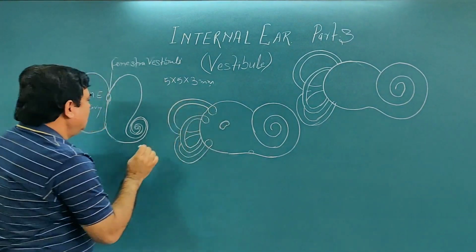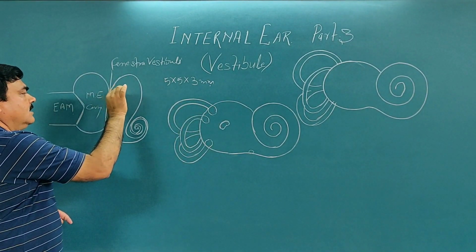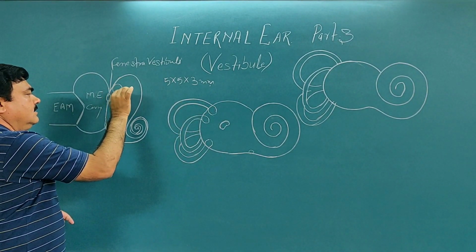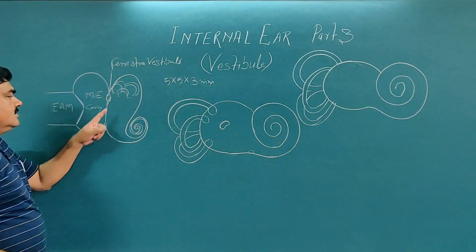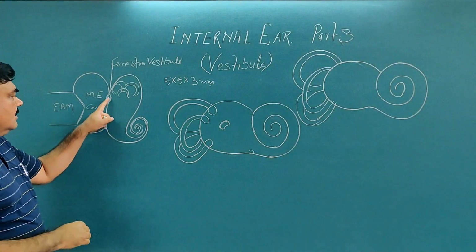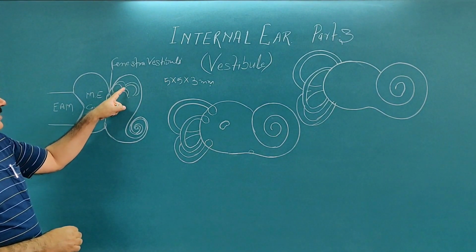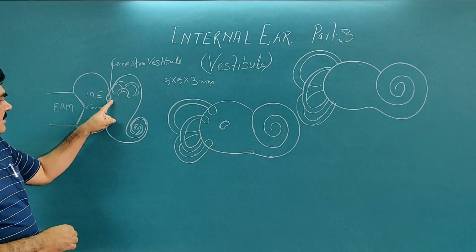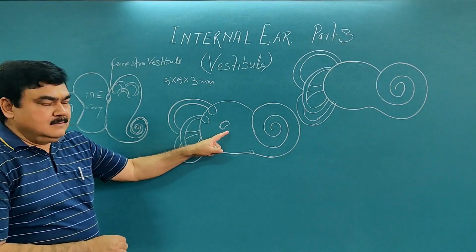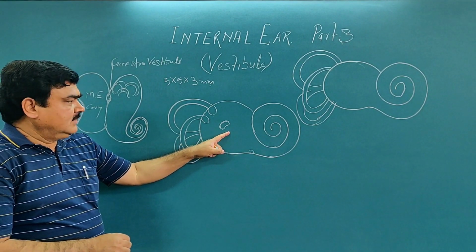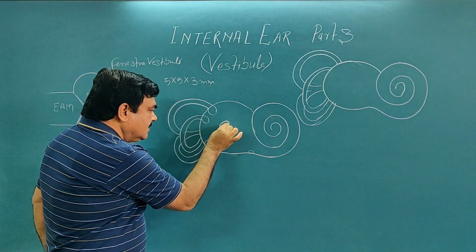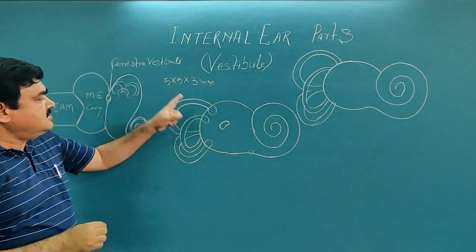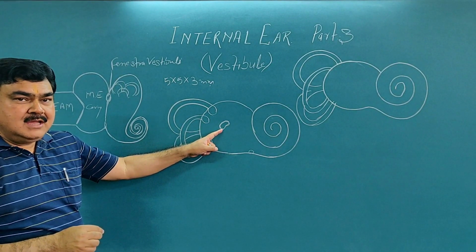So this is the vestibule, and these are the three semicircular canals. So this is the lateral wall. If you see the lateral wall, this is the fenestra vestibuli.